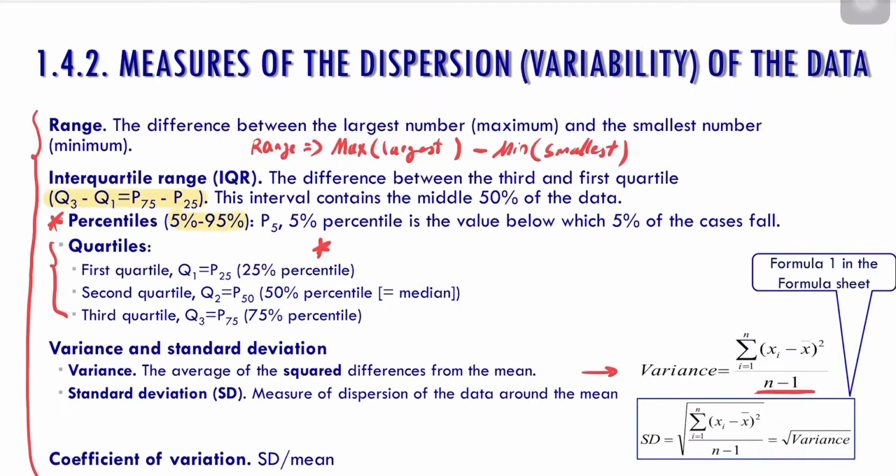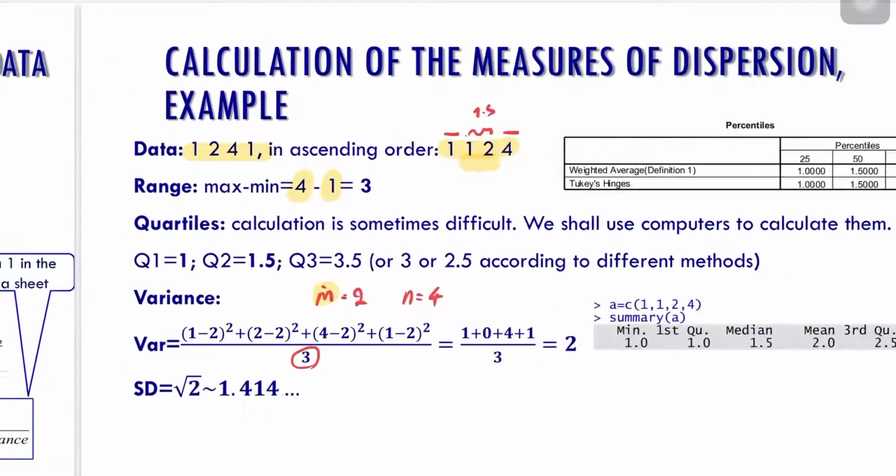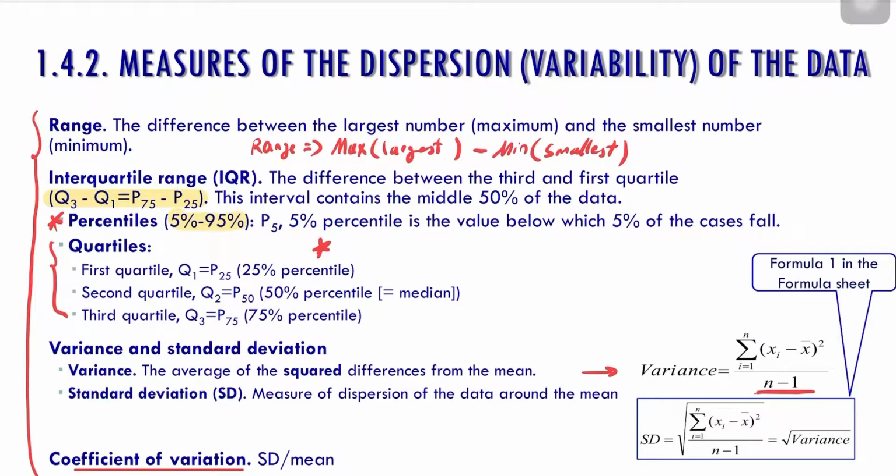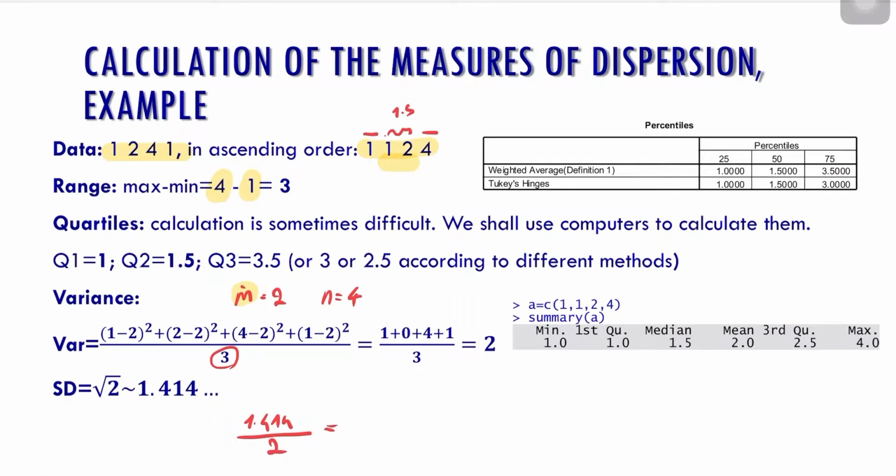And if we divide the standard deviation by the mean, we have the coefficient of variation: 1.414 divided by the mean, which is 2, gives 0.707.